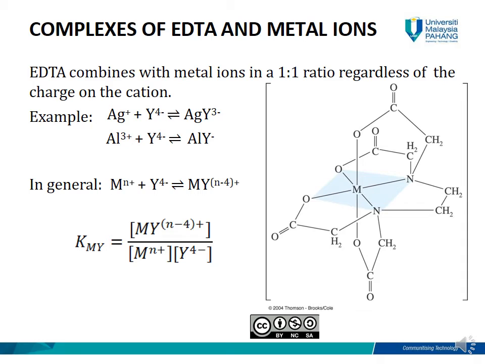This is the complex of EDTA and metal ion. Basically, you can see from the slide what is formed, which we call a complex, after the reaction occurs between metal and EDTA.